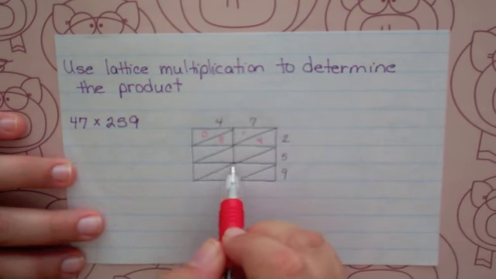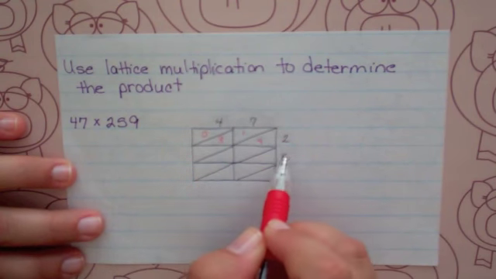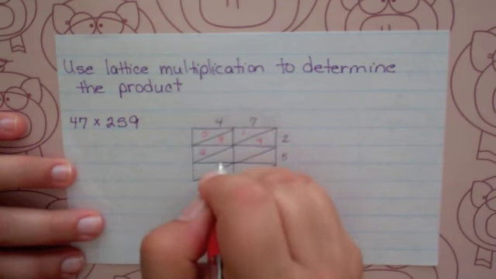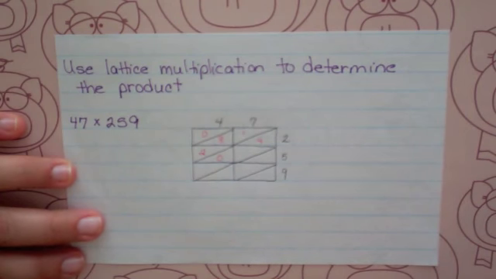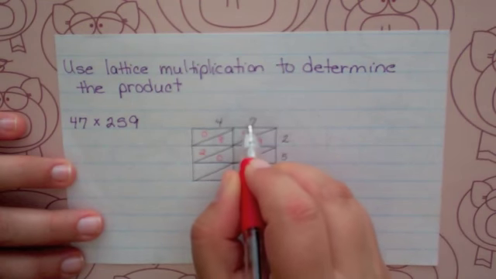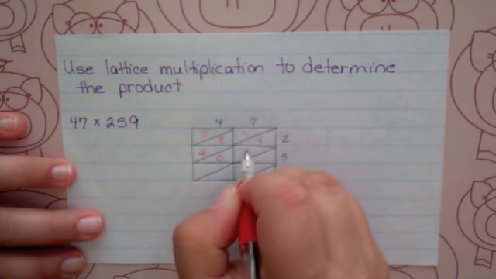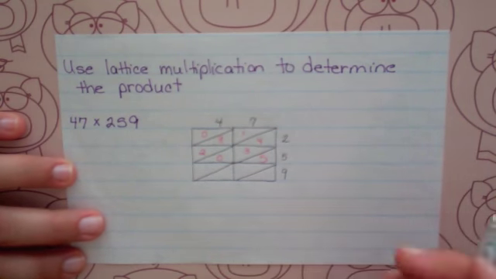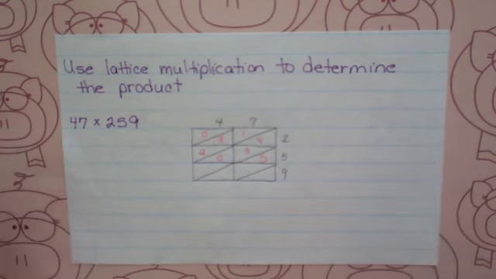This box corresponds to 4 times 5, which is 20. This box right here corresponds to 7 times 5, which is 35. Can you see how to fill in the other boxes?